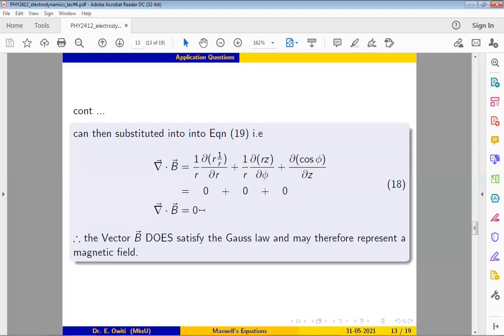That means our equation number 16 has been proved to be true. Then we make a conclusion and say the vector field B does satisfy the Gauss law and may therefore represent a magnetic field. So I hope now you see partly how you apply the cylindrical coordinates in a Maxwell's equation.